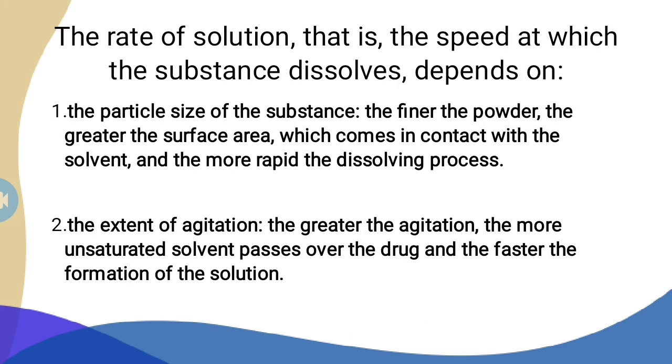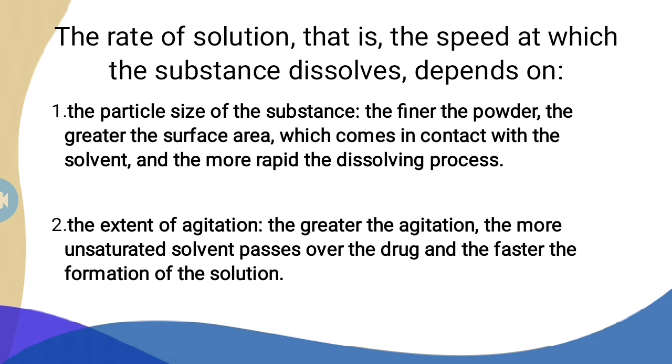And the rate of solution, that is the speed at which the substance dissolves, depends on the following. So the rate of solution, or the duration for the substance to be dissolved, depends first on the particle size of the substance, because the finer the product, the greater the surface area which comes in contact with the solvent, and the more rapid the dissolving process.